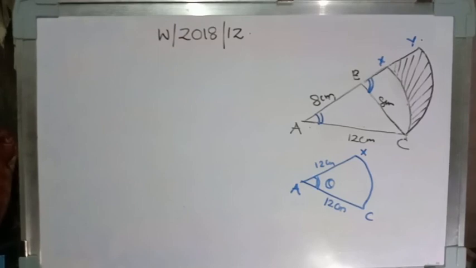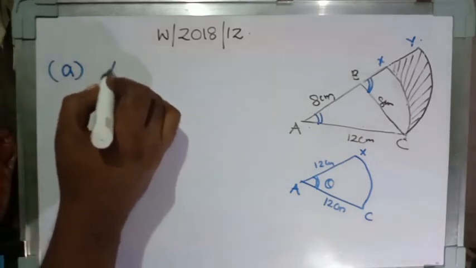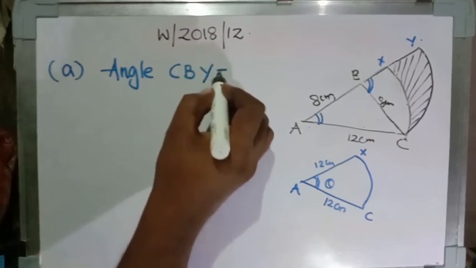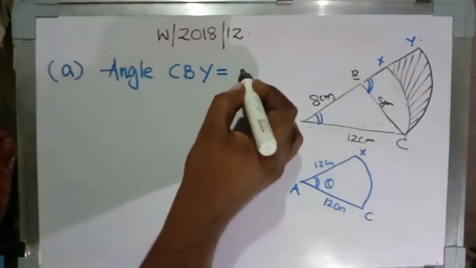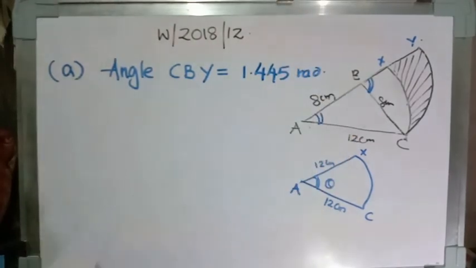According to that, our first question is to find angle CBY, and we have to show that angle CBY is equal to 1.445 radian. What can we do for that?